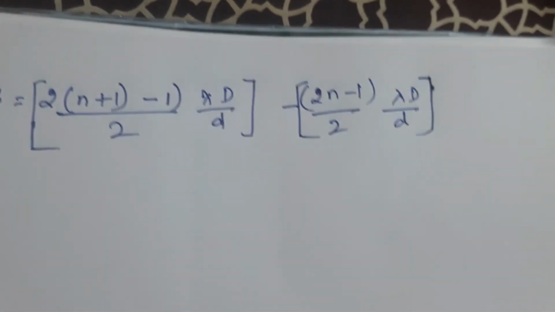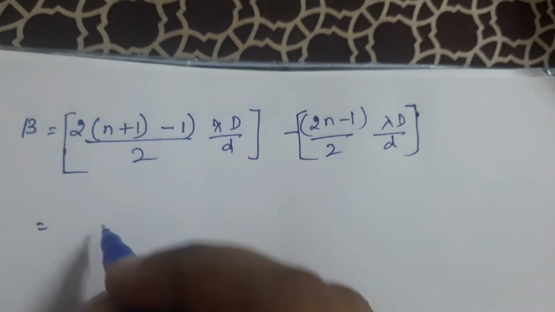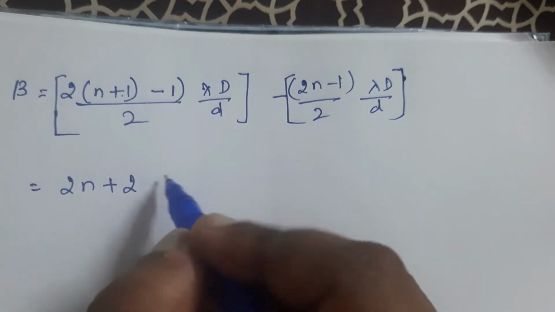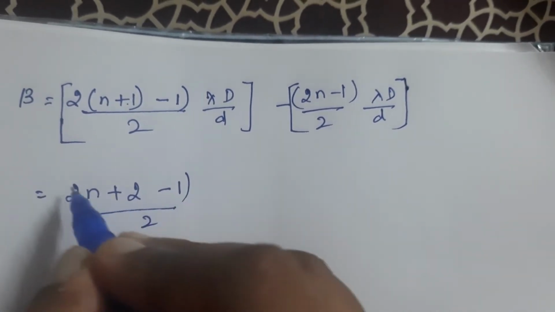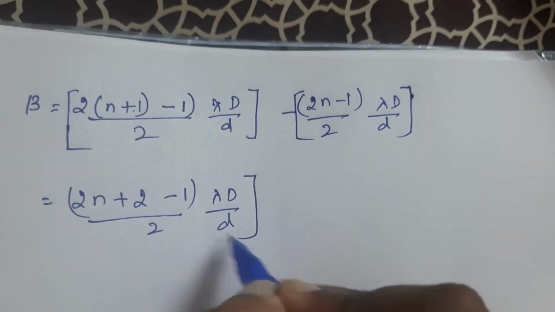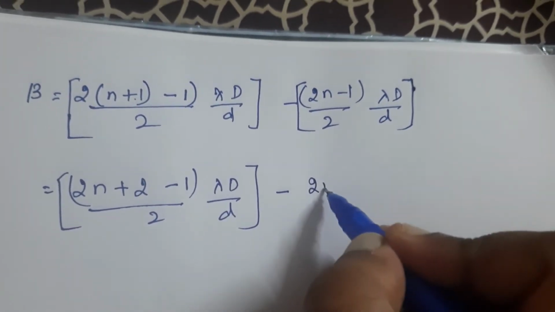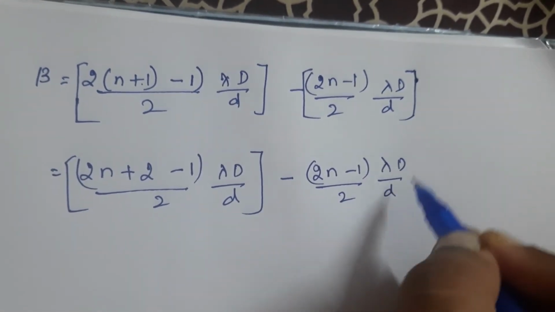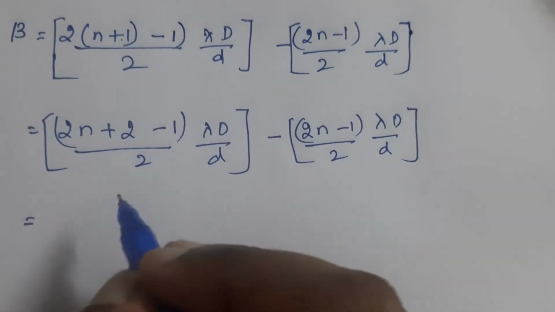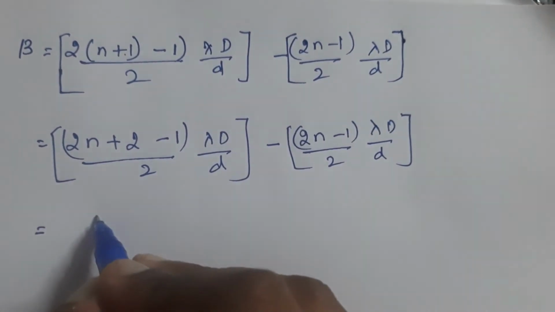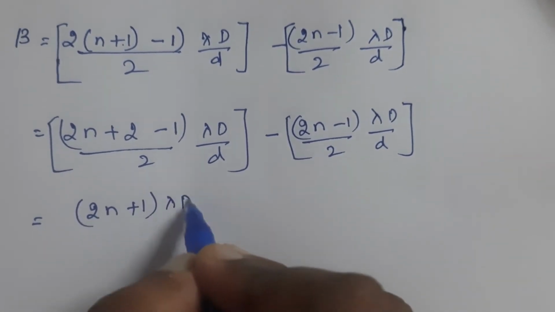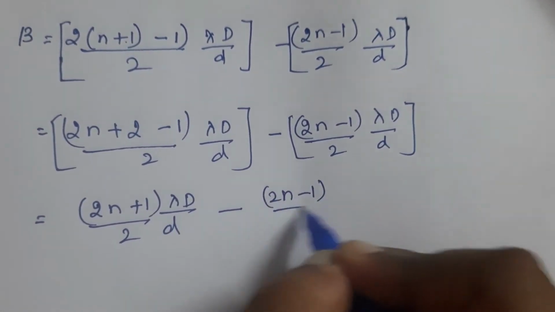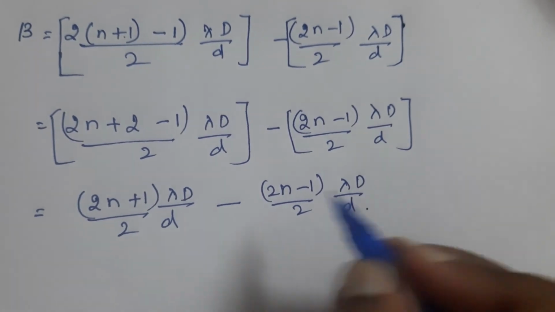Now this can be written as 2n plus 2, multiplying the 2 inside, minus 1, by 2 into lambda D by d, minus 2n minus 1 lambda D by d. That is 2n plus 1 lambda D by d by 2 minus 2n minus 1 by 2 lambda D by d.